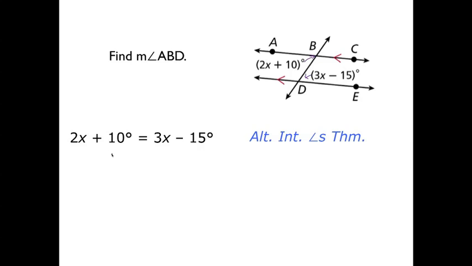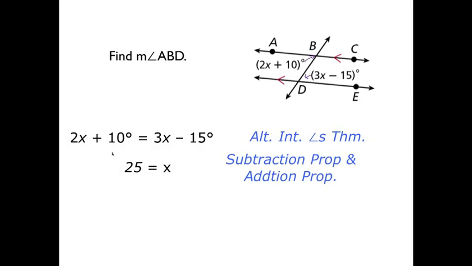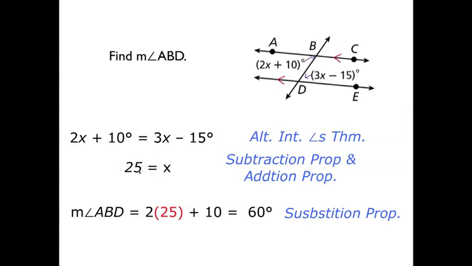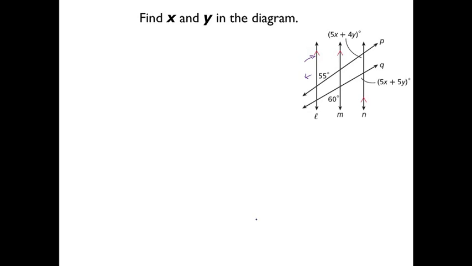So I'm going to use the subtraction property and the addition property to state that 25 is equal to x. Now that I know what x is, if I want to find the measure of ABD, remember that ABD was the one that measures 2x plus 10. I just plug 25 into that equation using substitution. So 2 times 25 is 50 plus 10 gives me a total of 60 degrees for the measure of angle ABD.